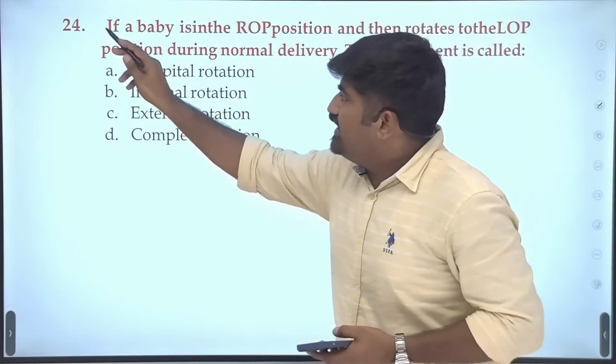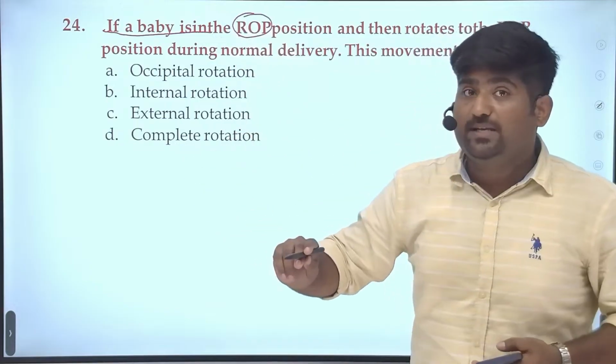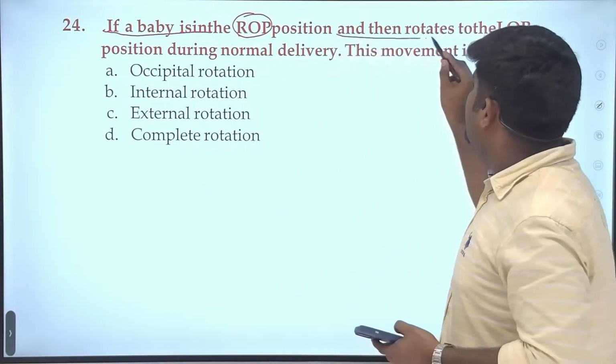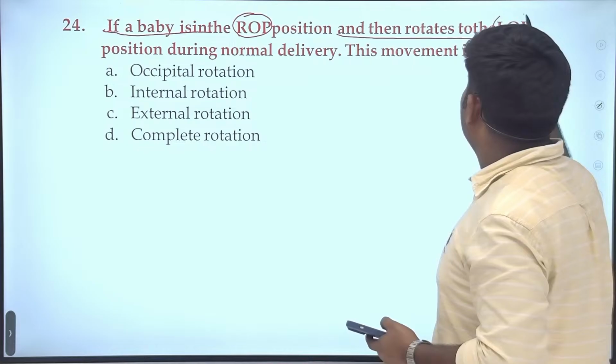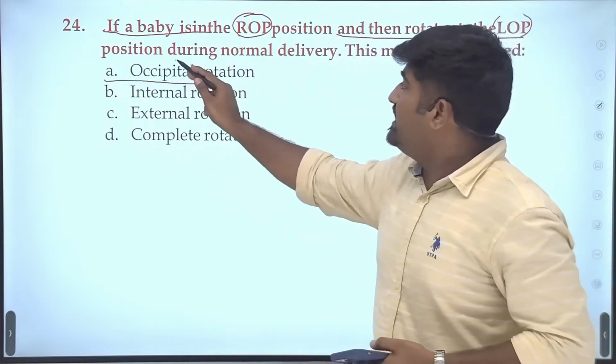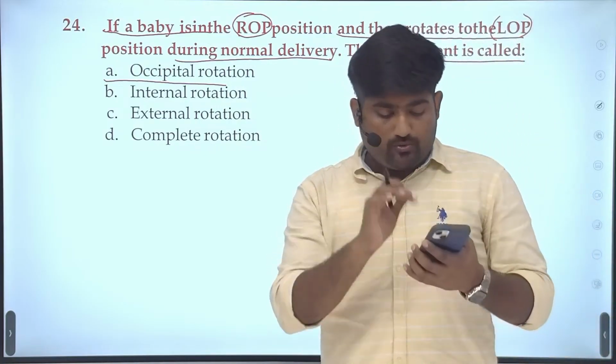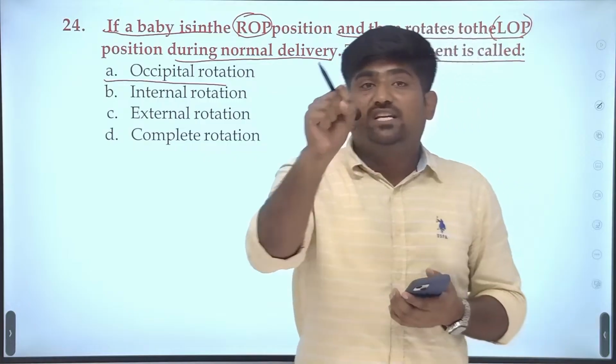Coming on to this: if the baby is in the right occipito-posterior position and then rotates to the left occipito-posterior position, what is this movement during normal delivery called? Now you are going to tell the cardinal movements.